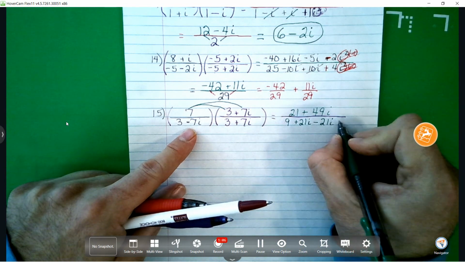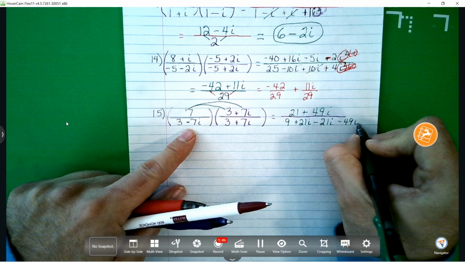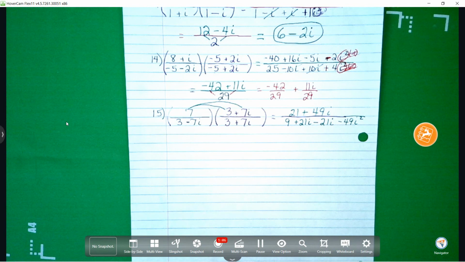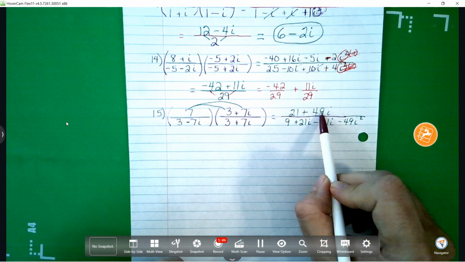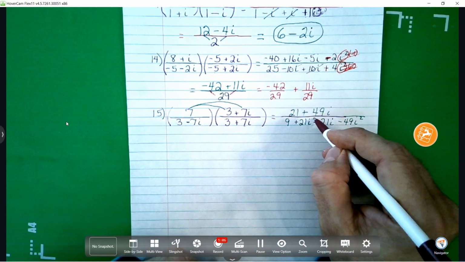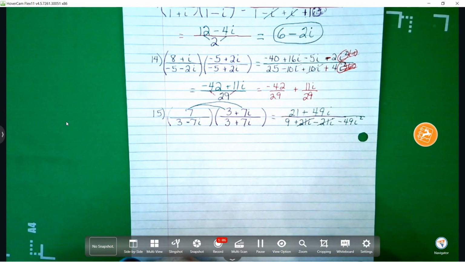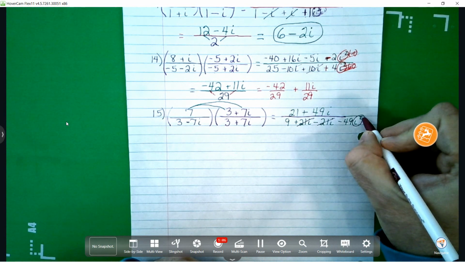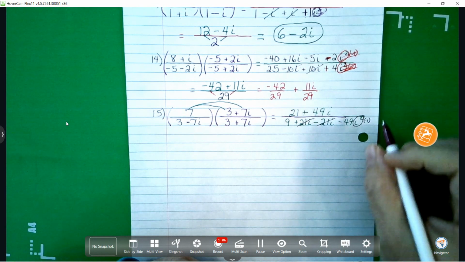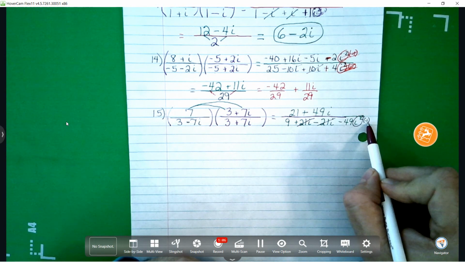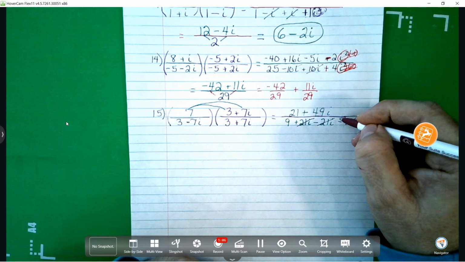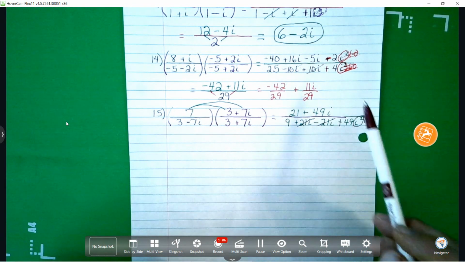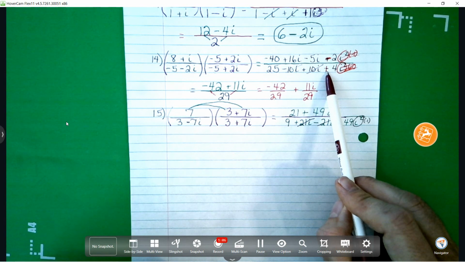Last, is that a minus 49i squared? So there's only one i squared on this one. Nothing we can combine up on top. But on the bottom, there's a lot. The 21i subtract out. If I replace this i squared with a negative 1, negative 49 times negative 1 would just be a positive 49. Hopefully y'all got the hang of it: wherever there's an i squared, just change the sign of the number in front of it.